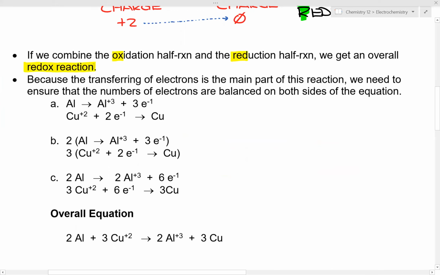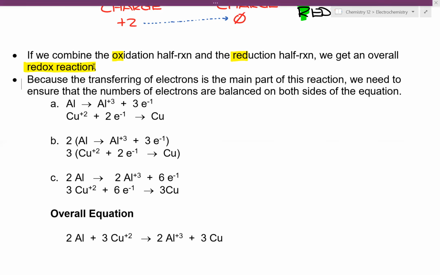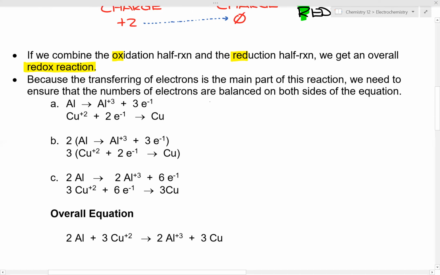Now, because the transferring of electrons is the main part of this reaction, we need to ensure that the number of electrons are balanced on both sides of the equation. Now, why do we need to make sure that the electrons are balanced?